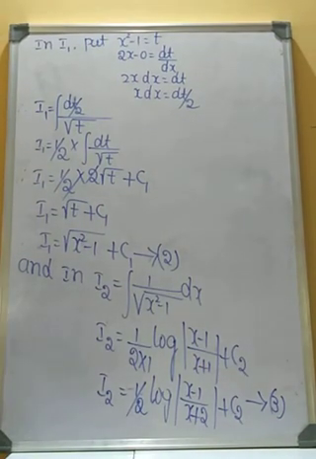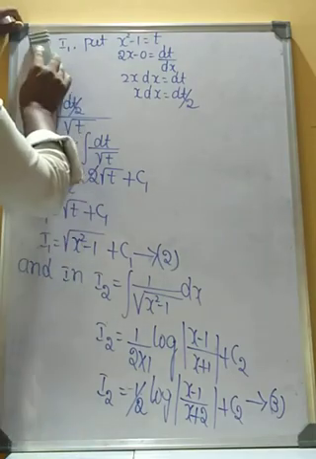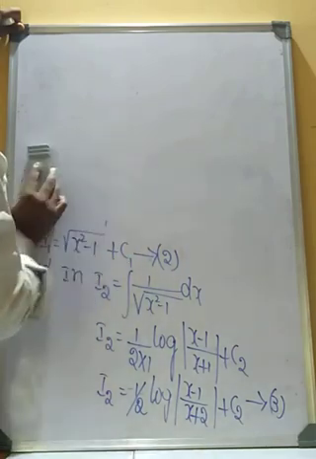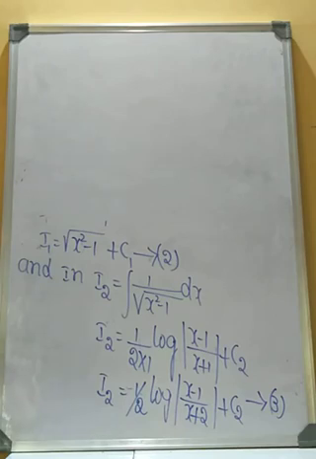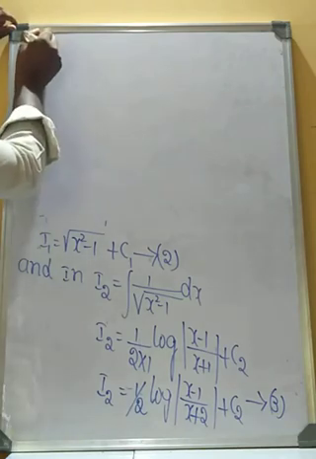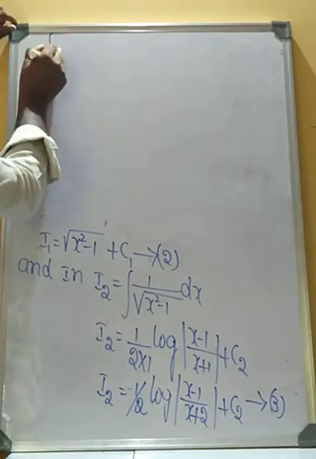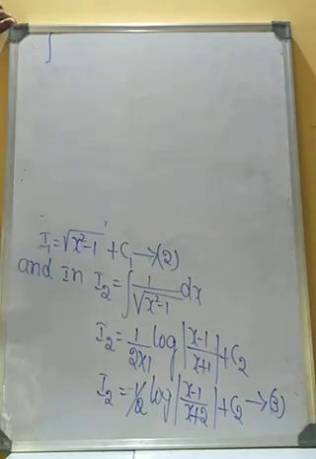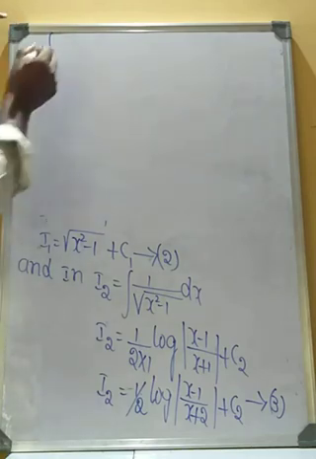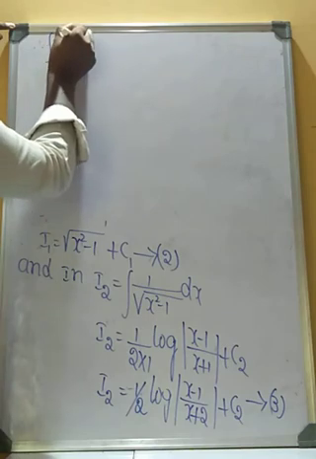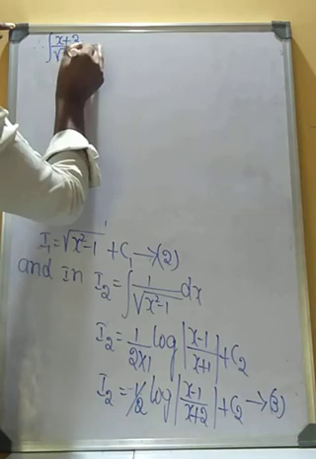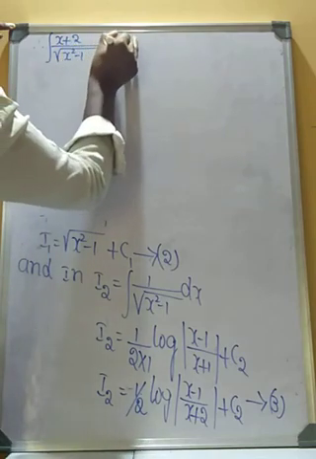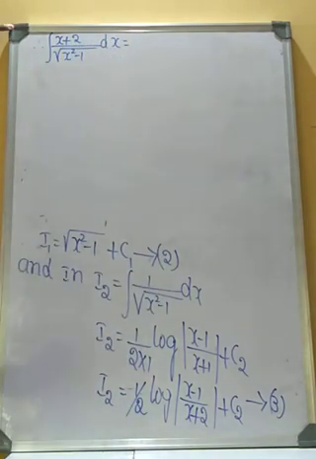Substitute equations 2 and 3 in 1. Therefore the integral of (x plus 2) dividing by root of x square minus 1 into dx. What is I1?